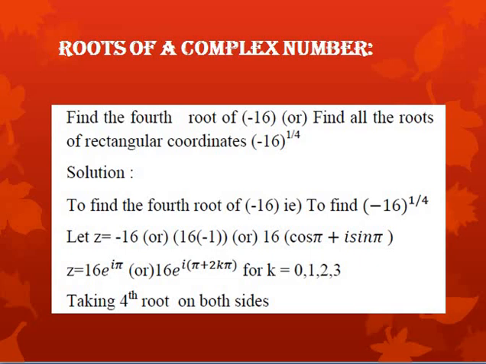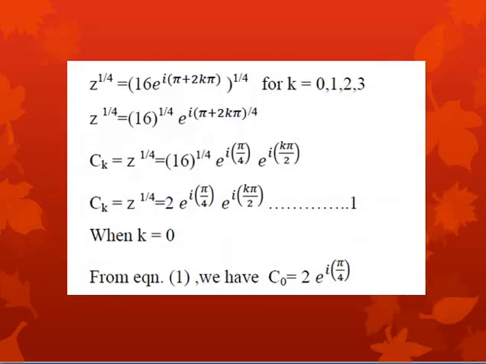Then the corresponding exponential form of the given number is written as z equal to 16 e power i pi. Therefore the general notation of this particular complex number is written as 16 e power i into pi plus 2k pi for all k greater than or equal to 0. Now you have to find the fourth root, therefore I am taking the fourth root on both sides. Therefore z power 1 by 4 is equal to 16 e power i into pi plus 2k pi whole power 1 by 4.